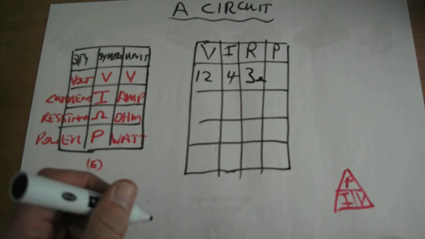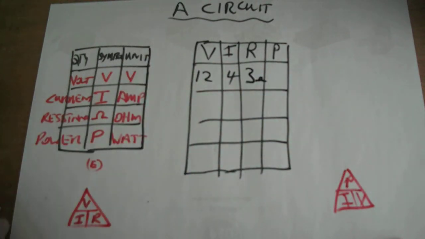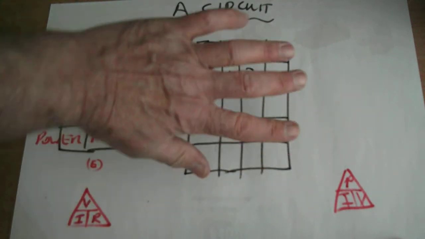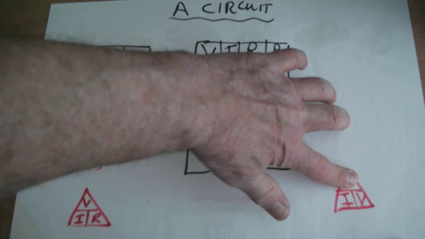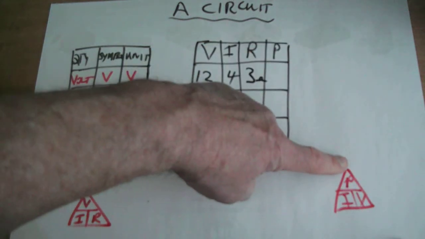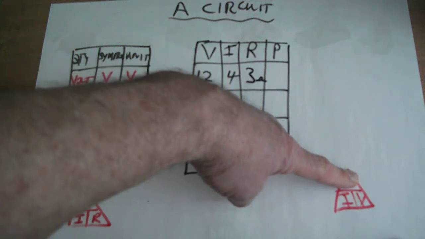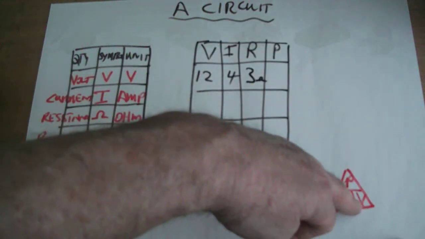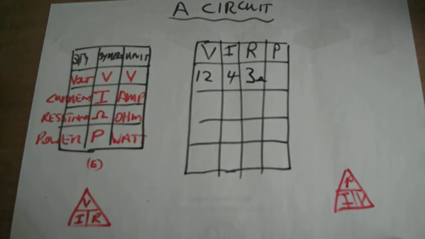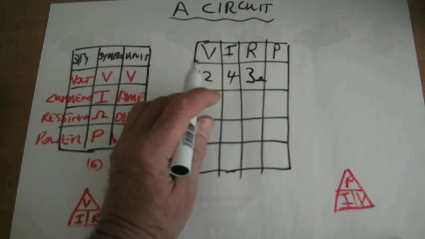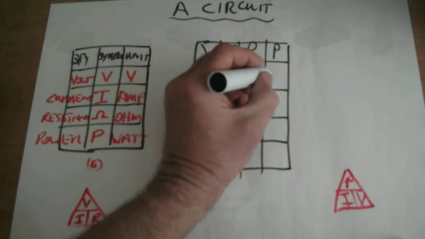I can also work out the power from my power triangle. When you're trying to work out the results from these triangles, all you do is cover up the letter that you're looking for, and in this case I'm looking for power, so I multiply current by voltage, I times V. And that comes to 4 12s is 48.